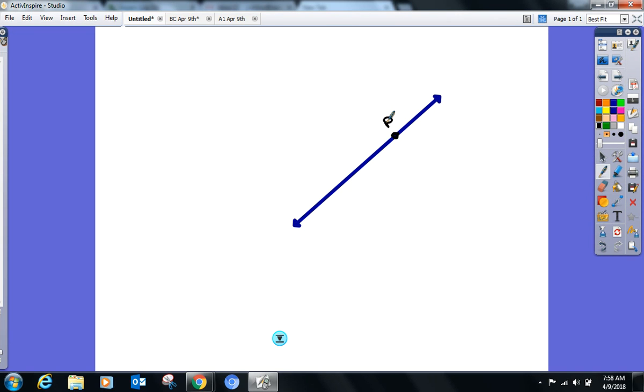I'd like you to dilate this line by 3 as P is your center of dilation. None of the points are going anywhere. Well, they are. Like this point here, if it's a dilation of 3, meaning it's going to get further away from P, but it's still going to be where? On the line. All right. This point here is going to get further away, but it's still going to be on the line. So the line doesn't change its equation.